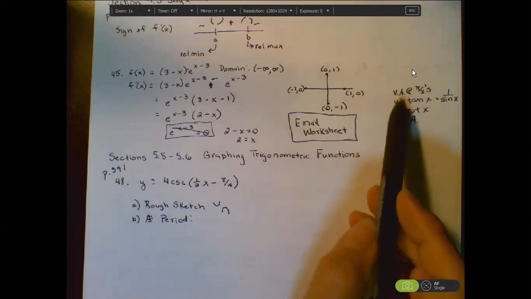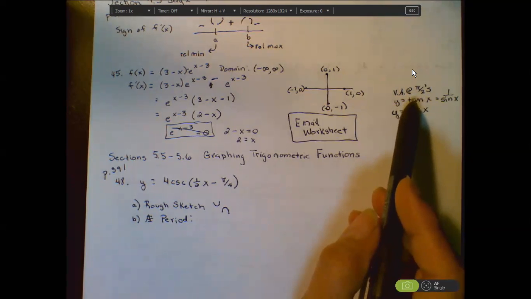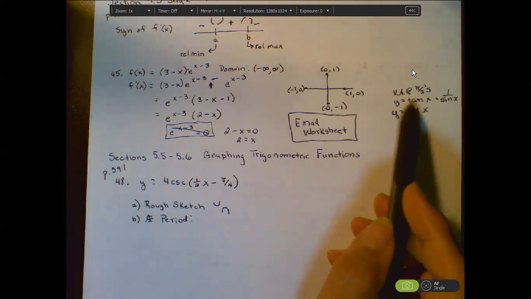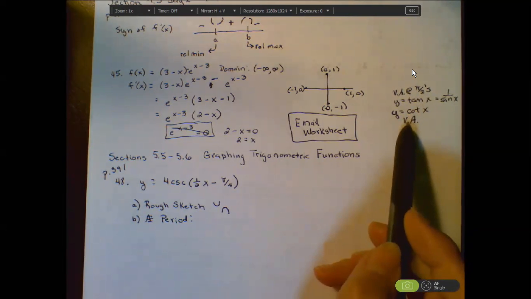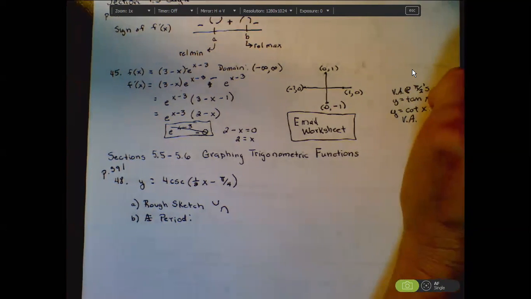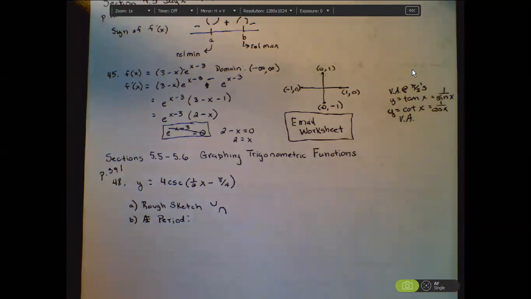You know what? You said the exact right thing, and I wrote the exact right thing. Okay, that's right. Tangent has its asymptotes at the odd half pies. Cotangent has its asymptotes wherever cosine is 0. What? Dang it. What am I thinking?